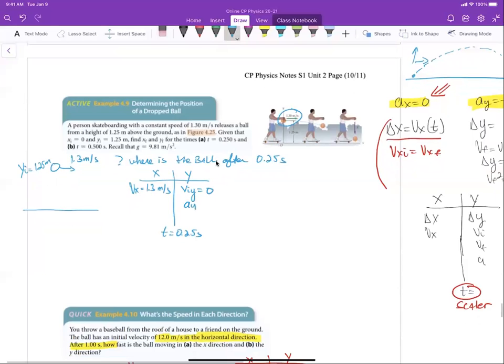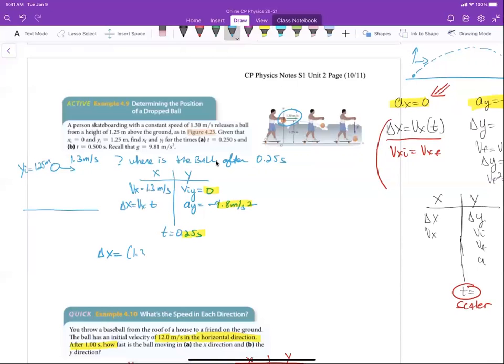We also know the acceleration in the y direction is negative 9.8 meters per second squared. I have three things in the y direction, so I can solve. And the only equation that works in the x direction is delta x equals vx times t. Vx is never changing, so it doesn't matter if it's initial or final, it will always be the same. So I can tell you where the ball is easily in the x direction.